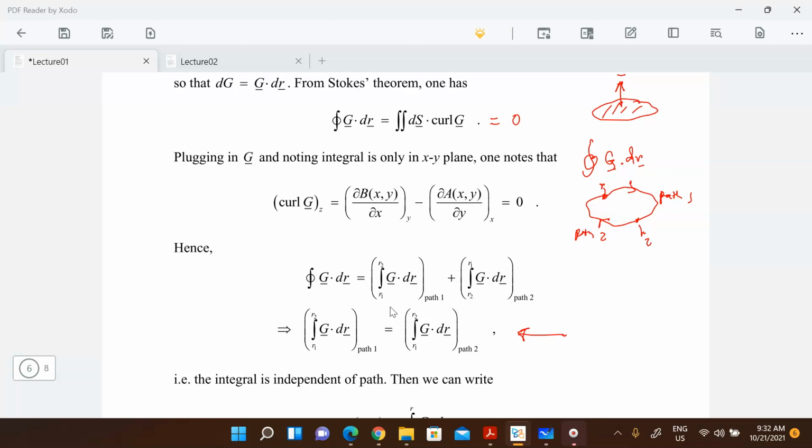So in this diagram, I can take this path or I can take this path, path 2 or path 1, with the corrected limits from R1 to R2.